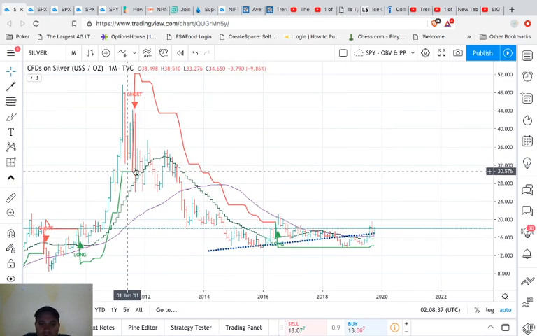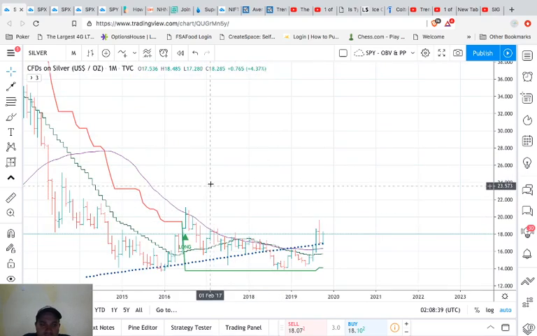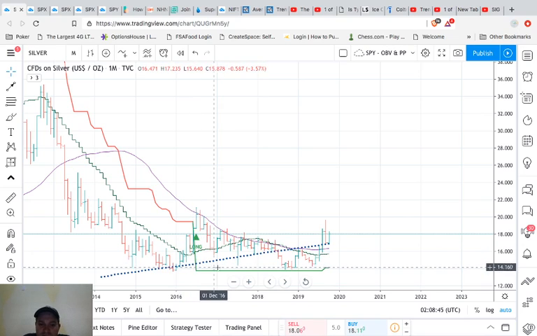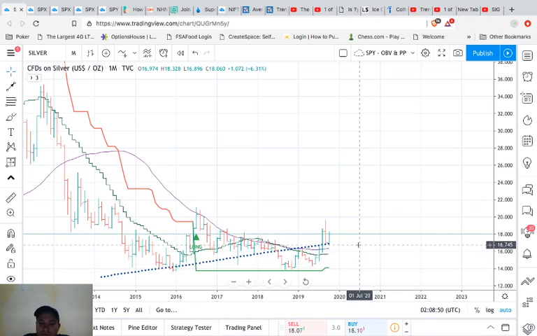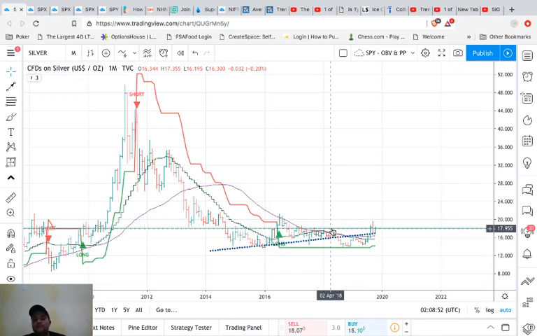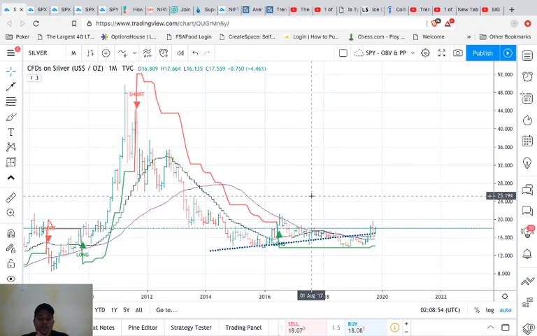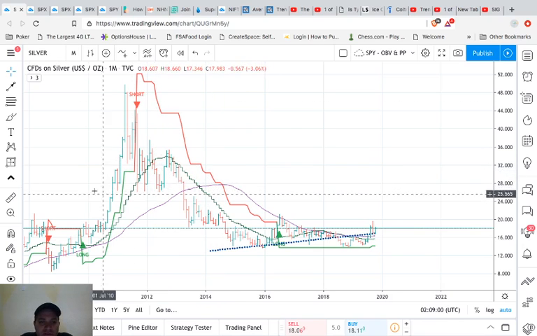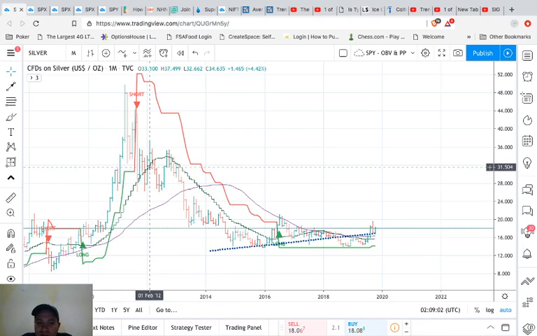Even back here at that 44, and this is the monthly, it didn't give a buy signal till around $16 an ounce or so. And this would be the stop here if it crosses below that. But I just found this today, and I think it's pretty interesting because it would have definitely changed the way I bought silver. That's for sure.